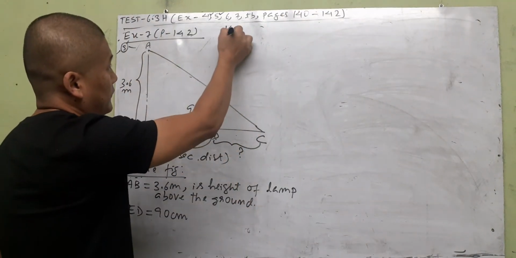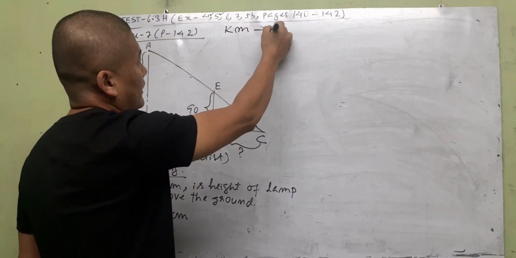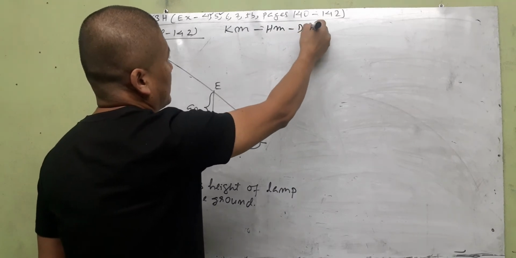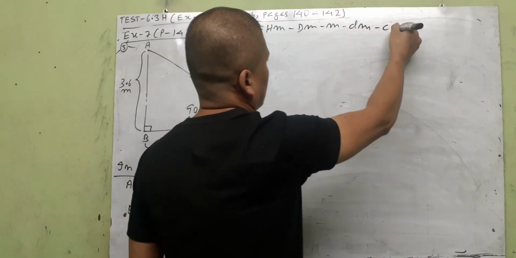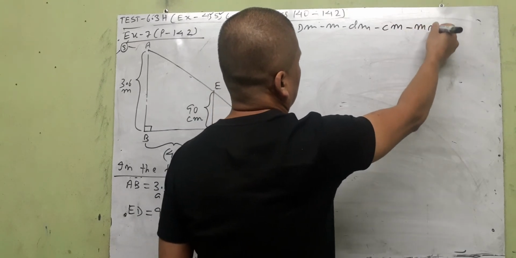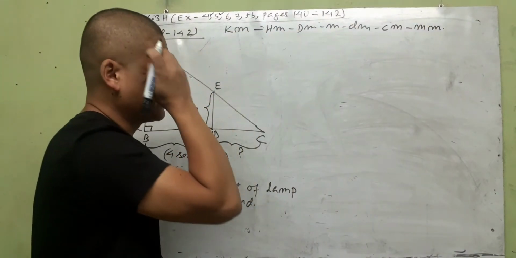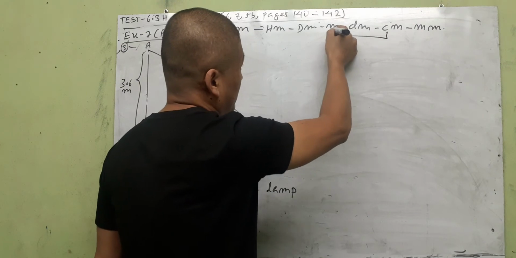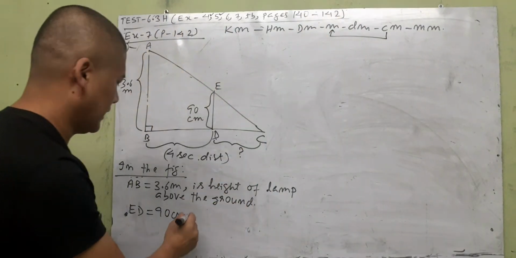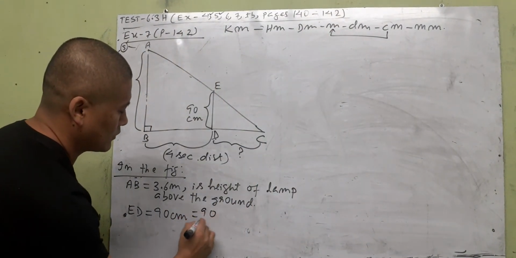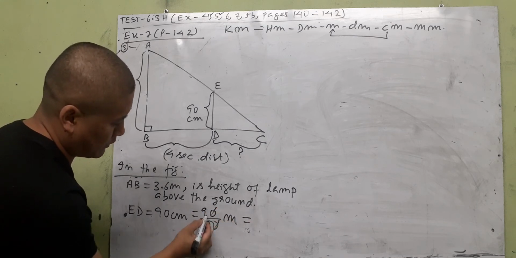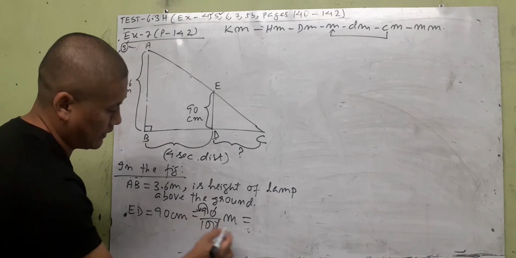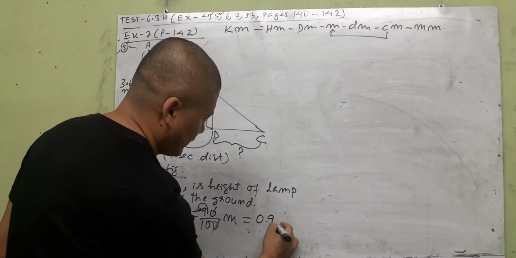The conversion factor for length or distance: kilometer, hectometer, decameter, meter, decimeter, centimeter and millimeter. So I want to change this centimeter, small, to the bigger meter, means 2 places. So you have to divide by 2 zeros, 1, 2. Then this will become meter. So here 1 0 means the decimal will shift to the left side of 9, so 9 meter.